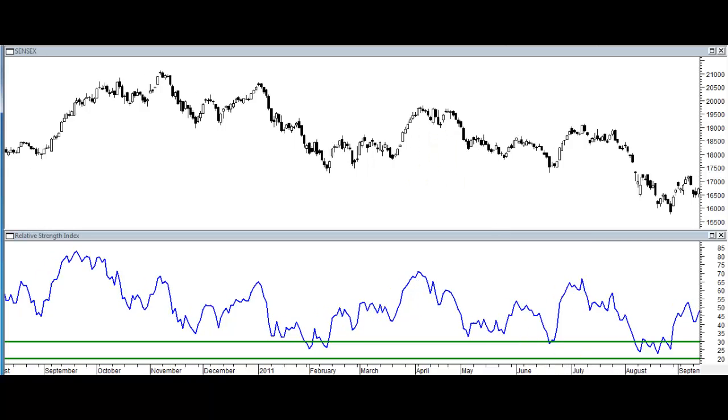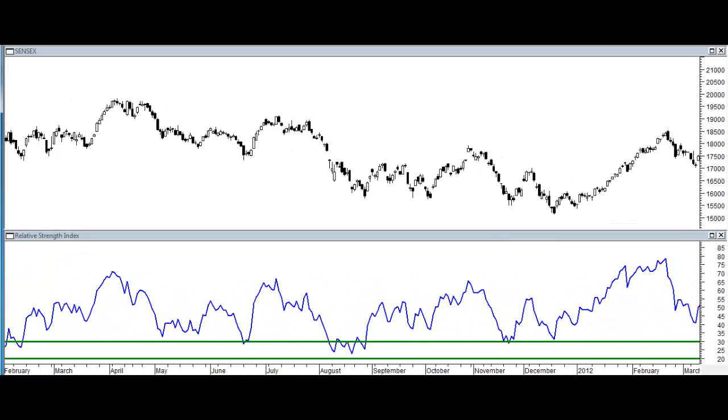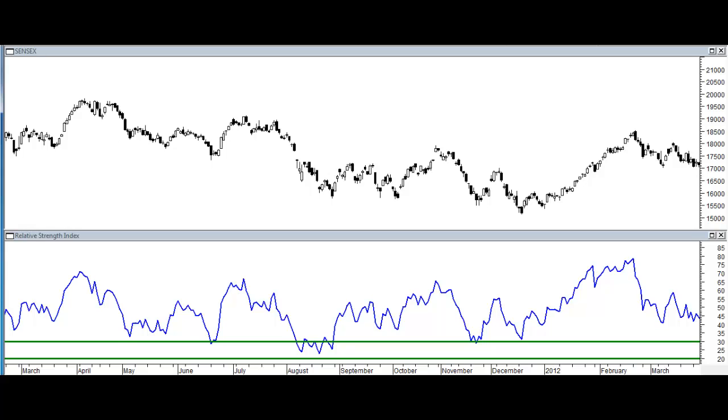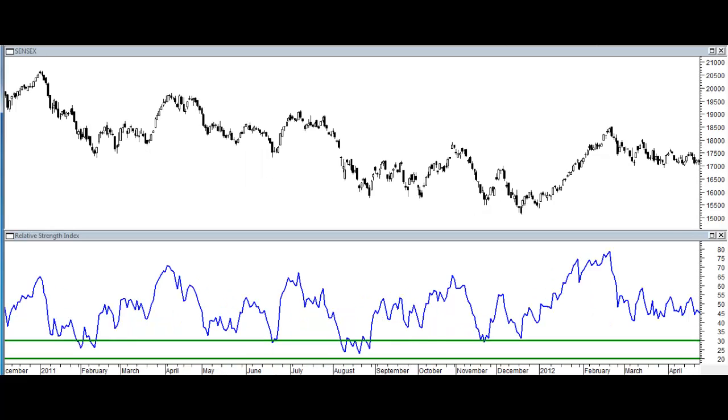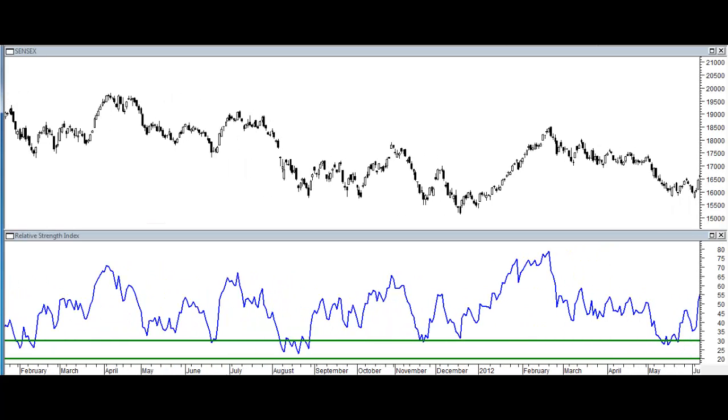Again we witnessed the same kind of fall in the month of July, August 2011, and this fall happened with huge gaps also, like we are witnessing currently.